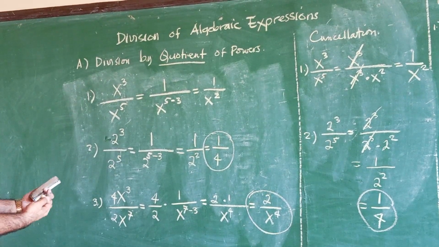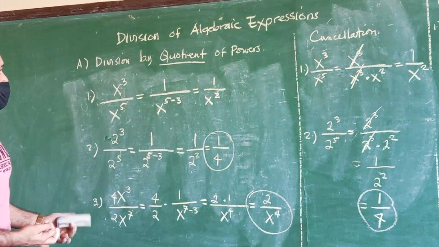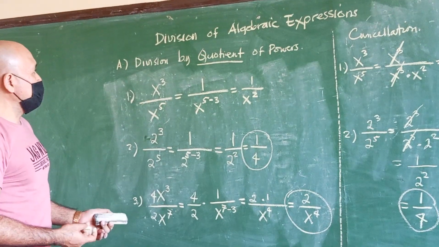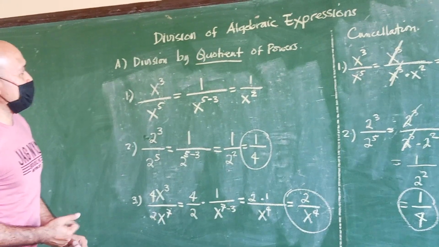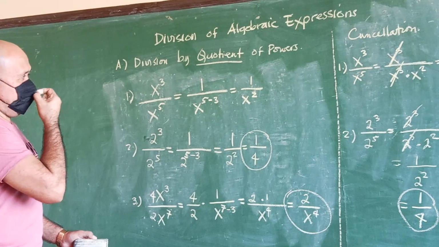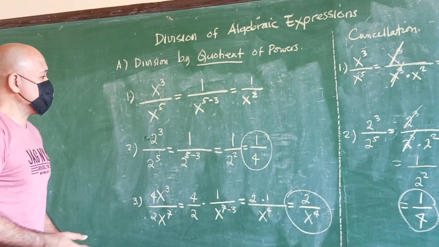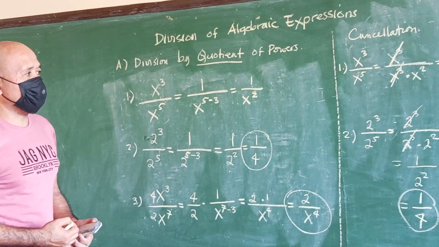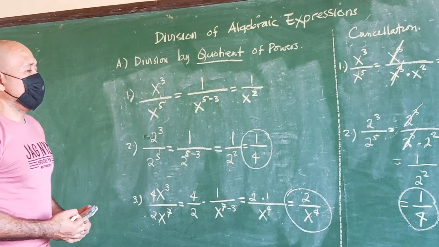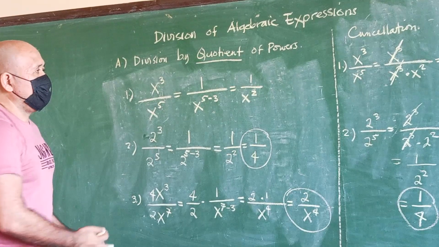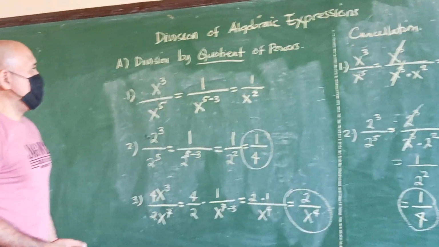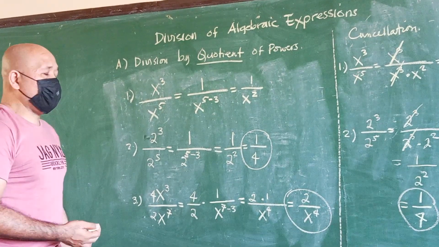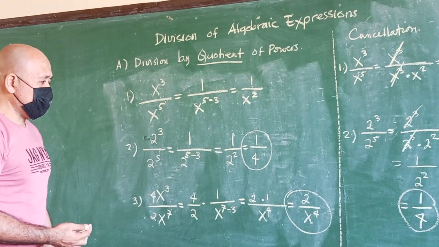So I guess I have just presented in detail how to divide algebraic expressions using the idea of quotient of powers and the cancellation method. I hope this will be enough for you to recall and remember this part of the laws of exponents that can be used to divide algebraic expressions.